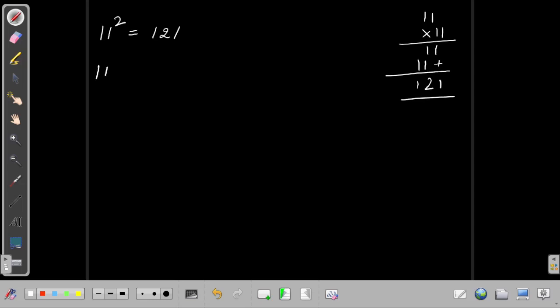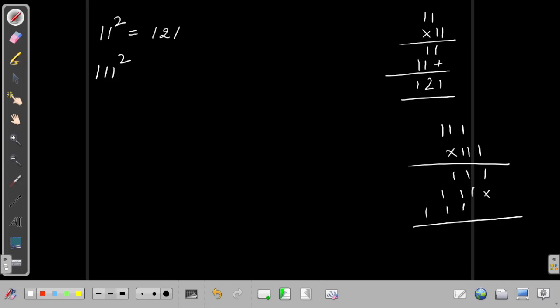So next, 111 square. If you do the multiplication, so here 1 2, here 3, here 2, here 1.